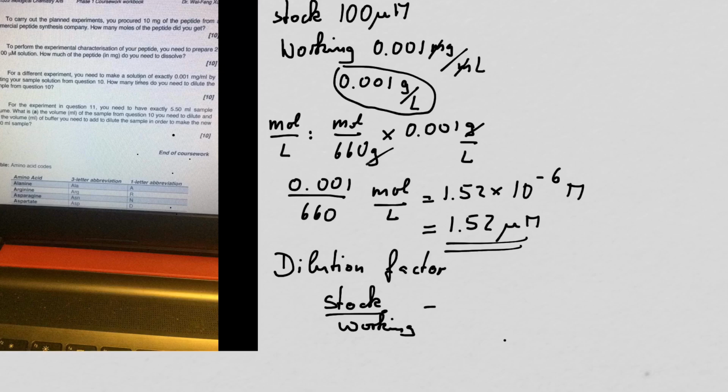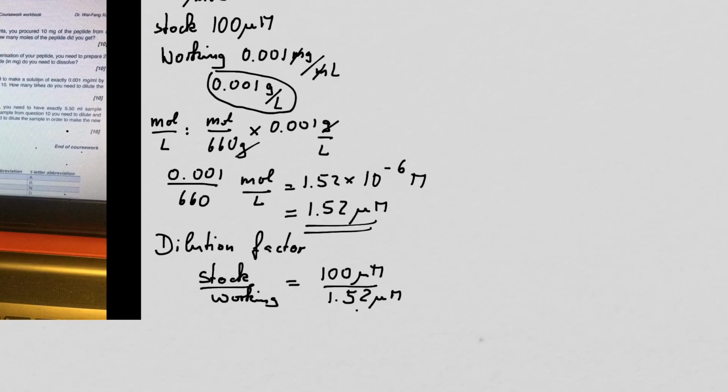So we have 100 micromolar divided by 1.52 micromolar, and that gives us 66. So we need to dilute our stock solution by factor 66 in order to get our working solution.